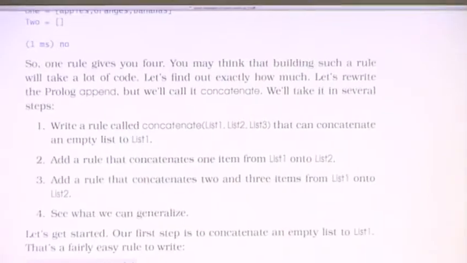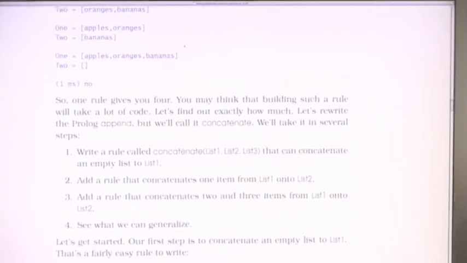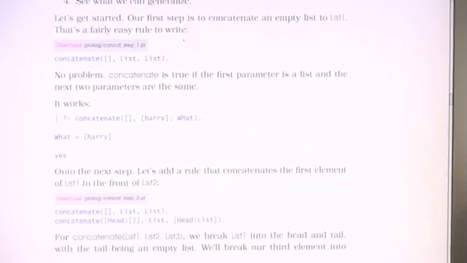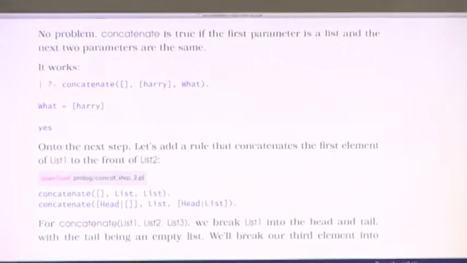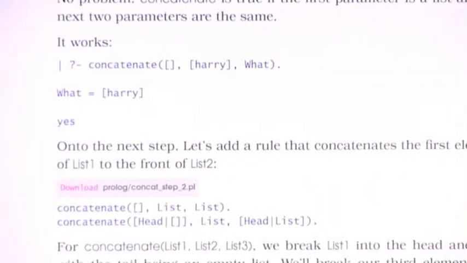All right, so concatenate. Okay, so this is basically how you would write append if the Prolog that you're using doesn't have append. And basically, appending is done through recursion.